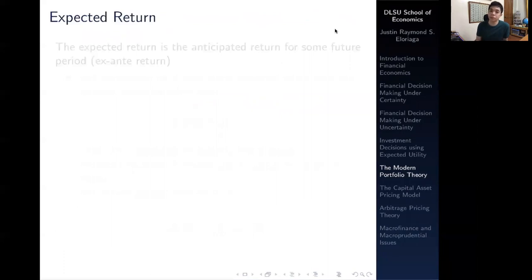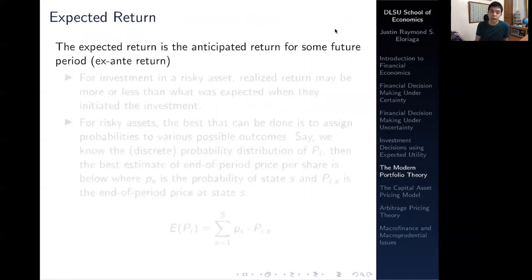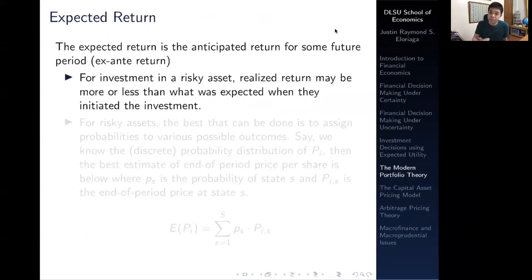So let's recall what is expected return. Expected return, more formally, is an anticipated return for some future period of time. It's an ex ante return. So for an investment in a particular risky asset, a realized return may be more or less than what was expected.